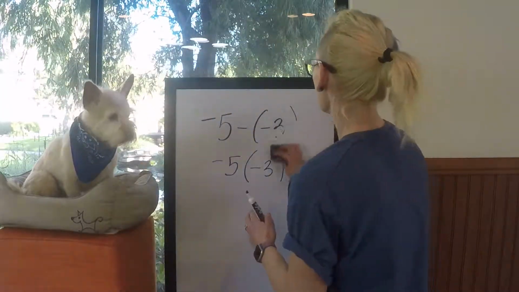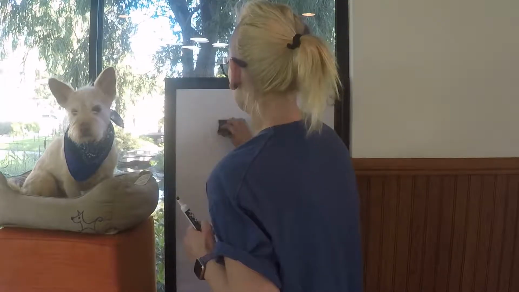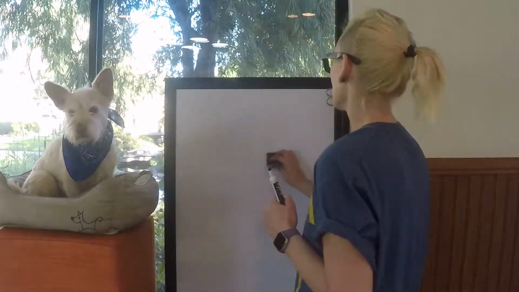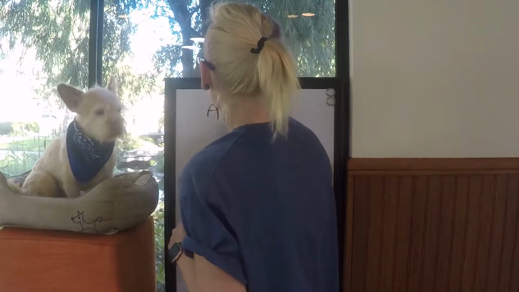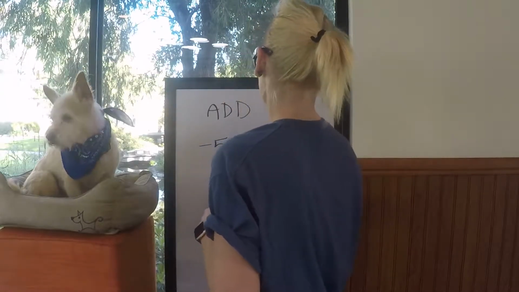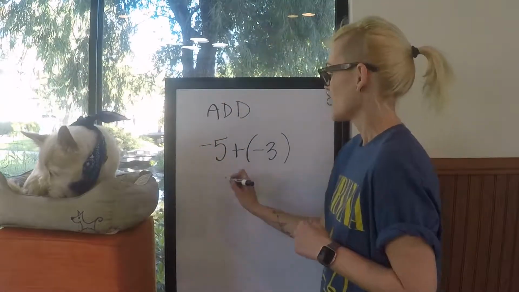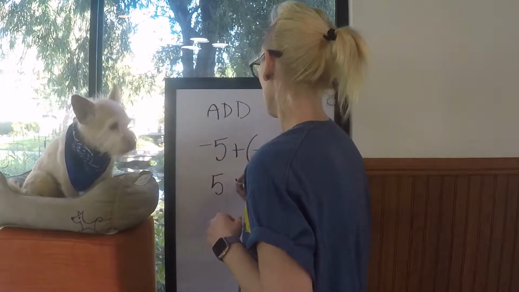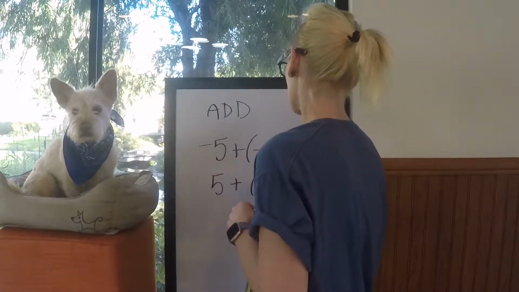All right, the other thing we want to discuss is when you see the words attached to your problems that say add. So it could say add -5 plus -3. It also could say add 5 plus -3.